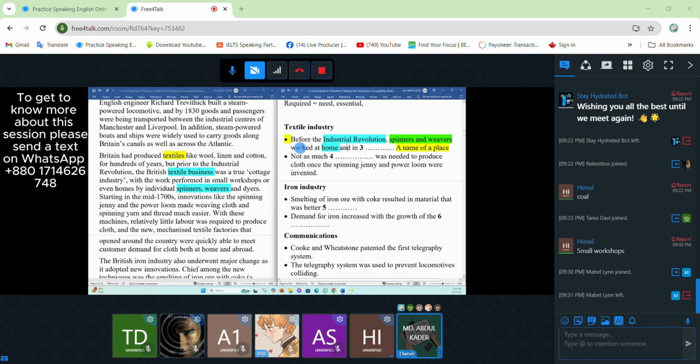Here we've got the word worked, and the word homes. Next is industrial revolution. So basically four keywords, one, two, three, four. We got four keywords from this line. I hope here is the correct answer, right?